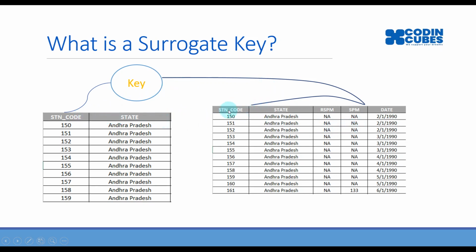Like here in the example, the STN code is used to refer to the data related to its values. If we take the example of 150, then 150 also has other values like state, RSPM, SPM and date. So this is how we use the key for representing or referencing the values in the database.